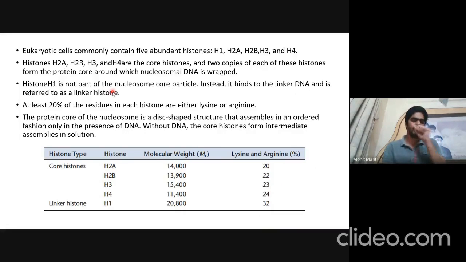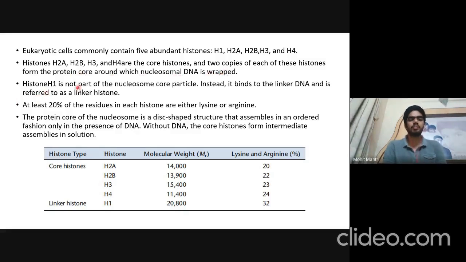Eukaryotic cells commonly contain 5 abundant histones: H1, H2A, H2B, H3, and H4. Out of these, H2A, H2B, H3, and H4 are the core histones, and 2 copies of each are present in the core octamer, and they form the protein core around which the nucleosomal DNA is wrapped.